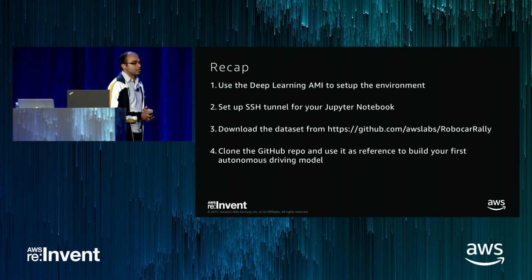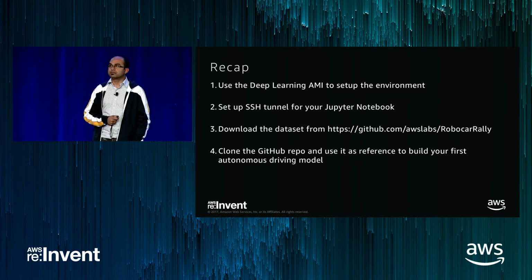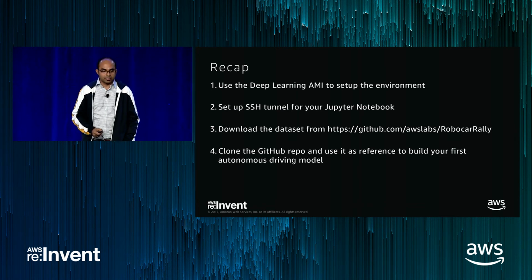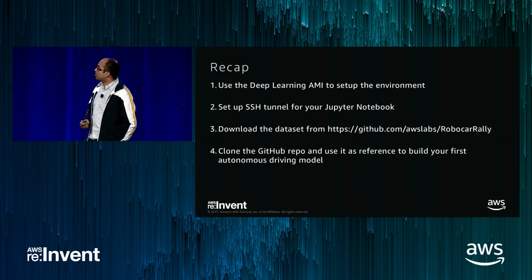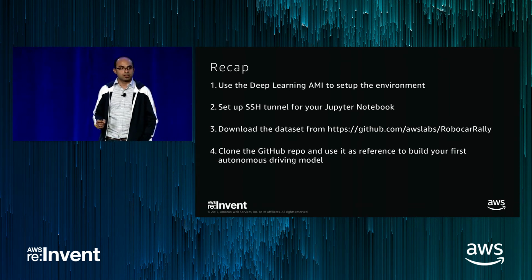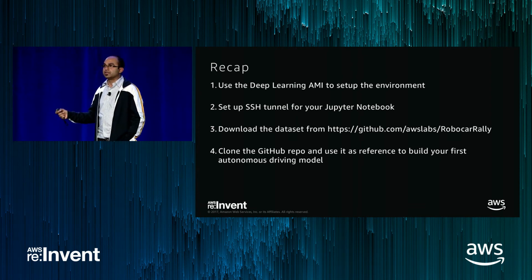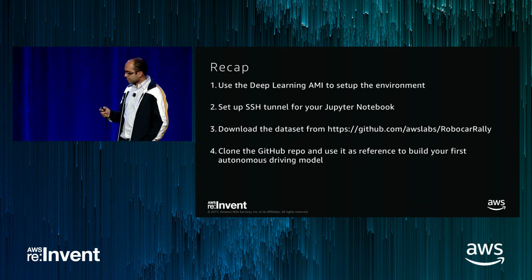Okay, so just to recap, to set up the environment, go to the EC2 console, pick up the deep learning AMI. It's available at no additional cost, and you can spin it up on most of the instances. But if you want to do faster training, use the GPU instances.